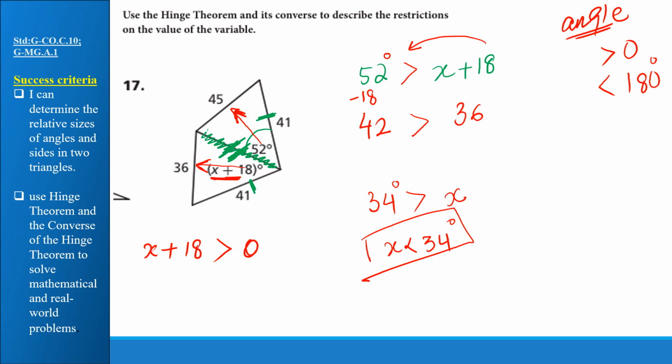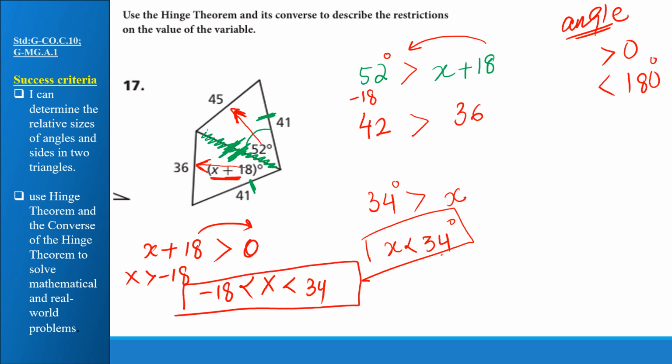So the range of the angles should be bigger than and smaller than. So if x should be less than 34, and if we bring it here, x is greater than negative 18. So x should be bigger than negative 18, but less than 34. This is how we have to write the restrictions.